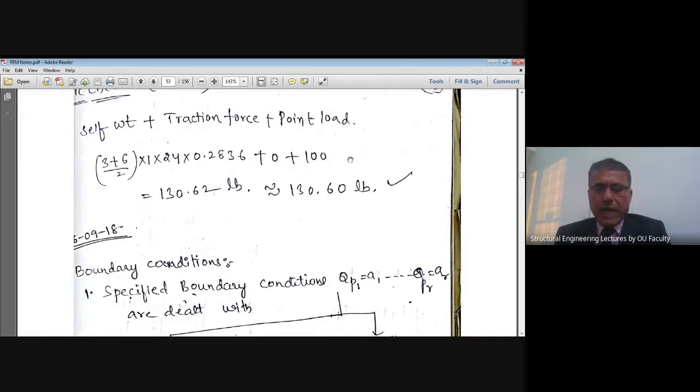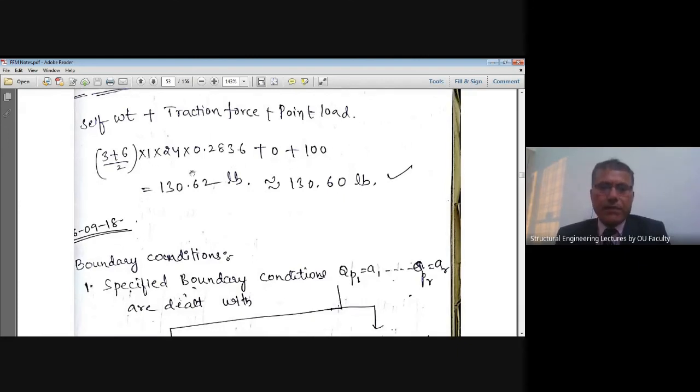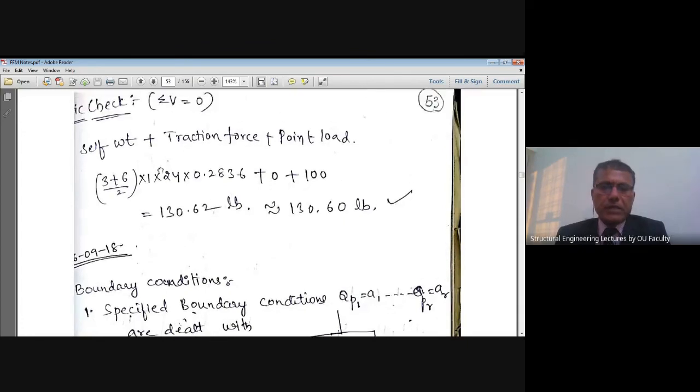If they are there, add them if acting in the positive x direction, and subtract them if acting in the opposite direction. Here they act in the positive x direction, hence plus 100 plus 100. Added together, it works out to 130.62, the total downward load acting.